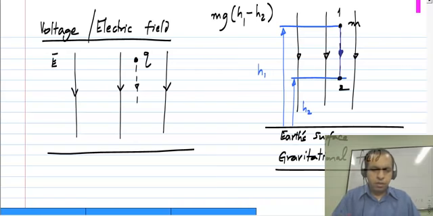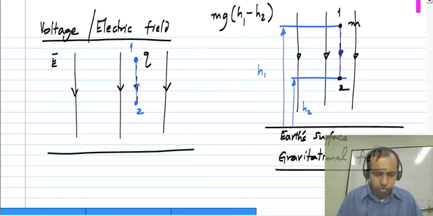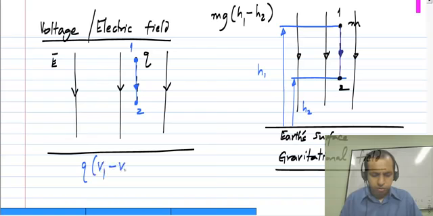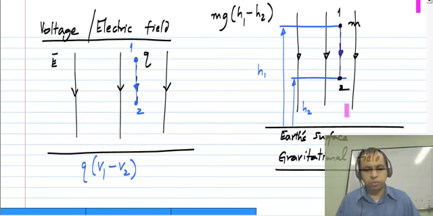Okay. Then we also know that the voltage is related to the integral of the electric field. Okay. Such that when the charge moves from point 1 to point 2, it gains an energy which is equal to q times (V1 minus V2), where V1 is the potential at point 1 and V2 is the potential at point 2.